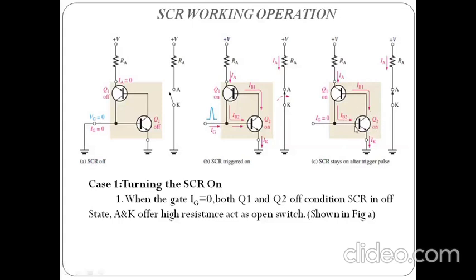This makes Q2 sustain a saturated condition, since it provides a path for the IB1 current to flow, and in turn Q1 sustains saturation because it provides a path for the IB2 current to flow. This causes a regenerative action, so even when the positive pulse is removed from the circuit, the SCR remains in the on condition.